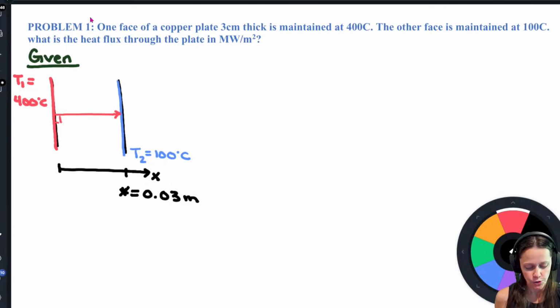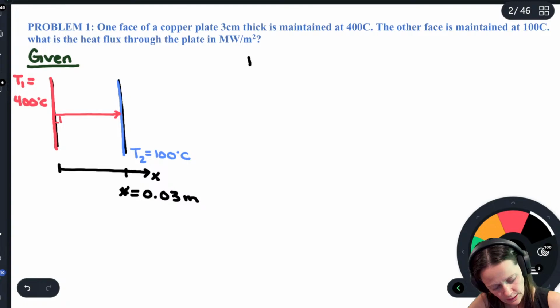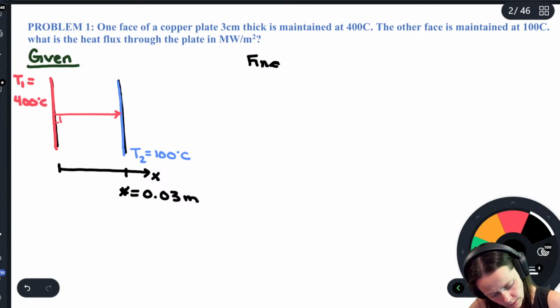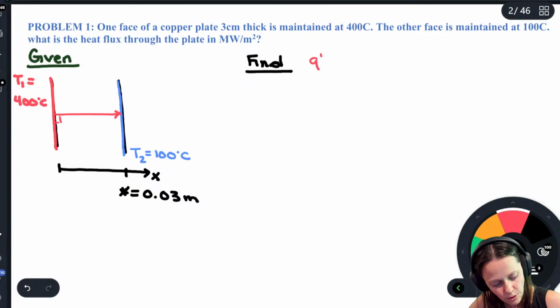All right, before I even get there, let's write what I need to find. So I need to find the heat flux. That's going to be Q with a little double prime.